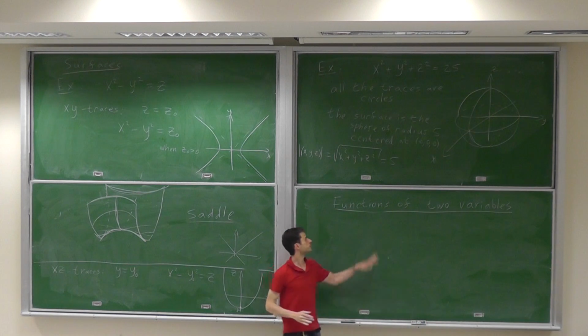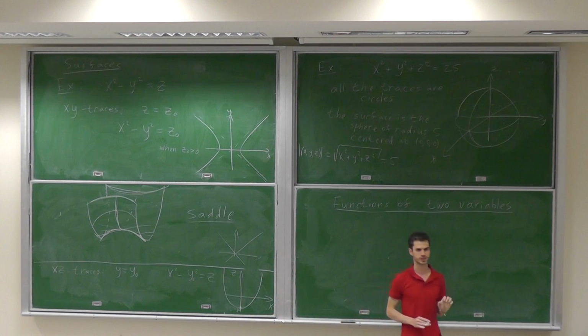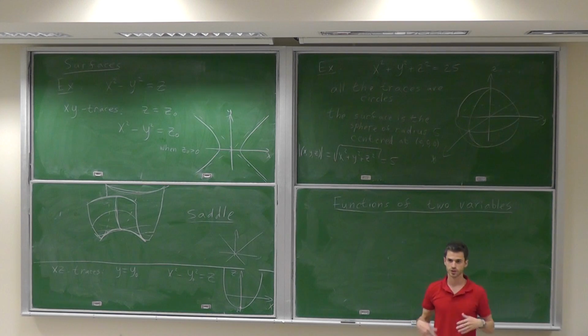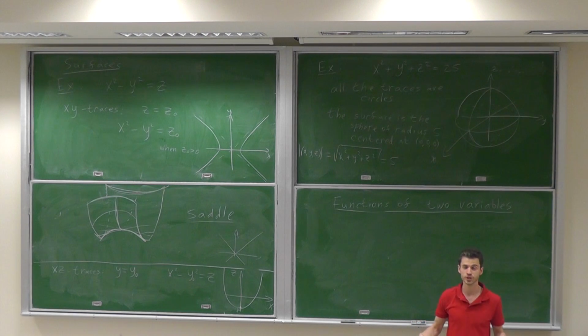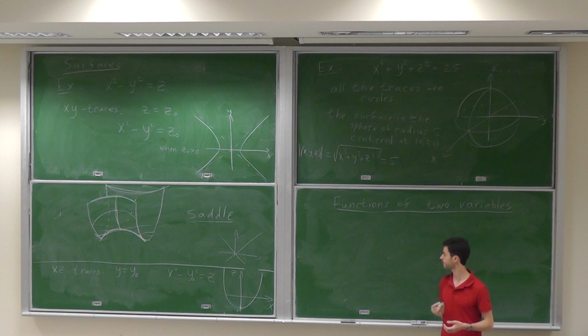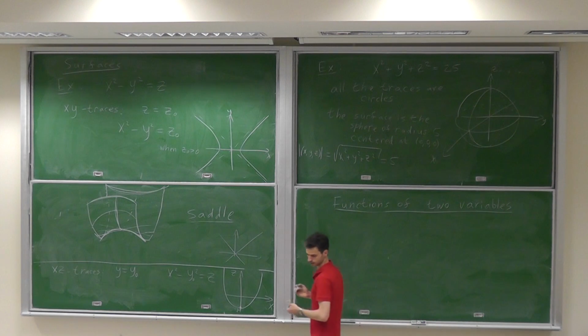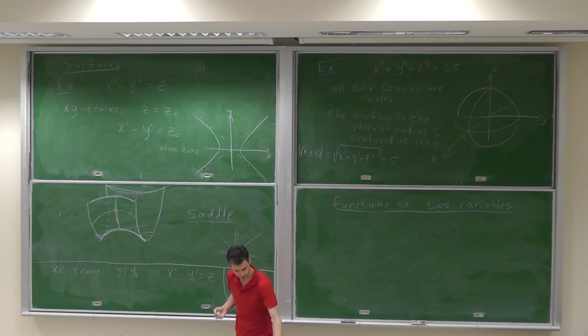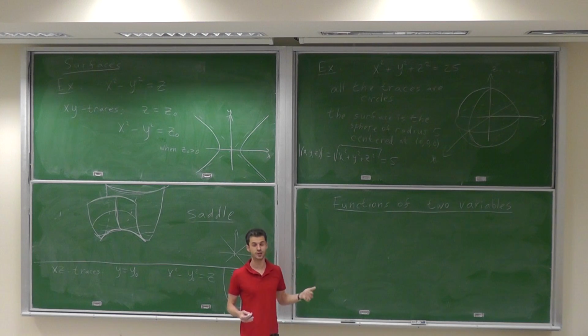So we'll start with functions of just two variables. A quantity which depends in some manner on two other quantities. So what is a function of two variables?